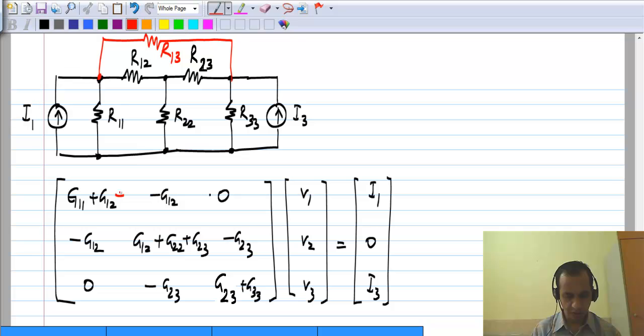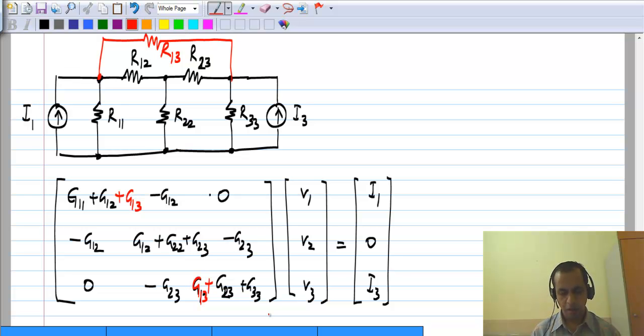Now it will also have G13. And this is for node 3. Earlier we had G23 plus G33. Now we will have G13 as well, so G13 plus G23 plus G33.